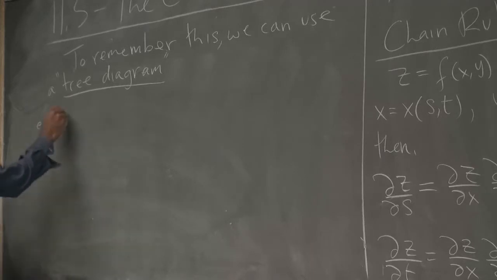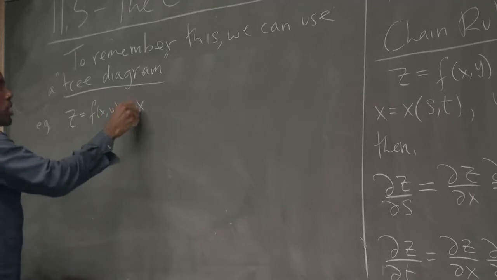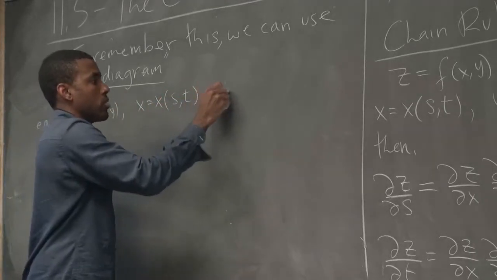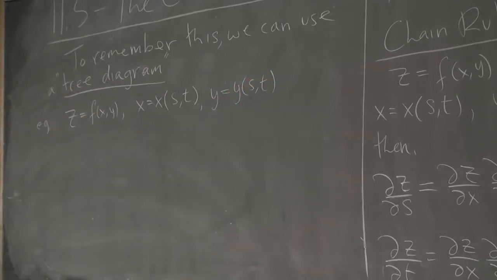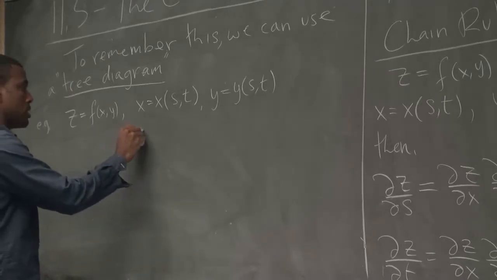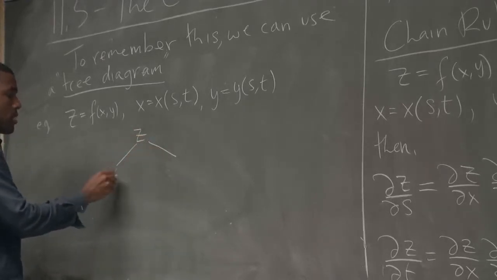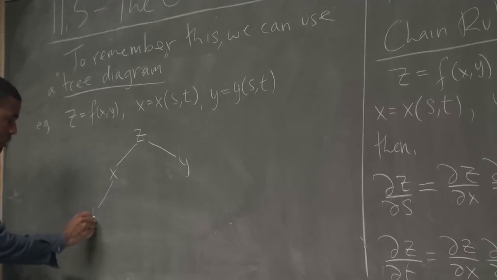So for example, here if you have z is a function of x and y, where x is a function of, let's say, s and t, and y is a function of s and t as well, then what you can do is you start with the outermost function and then you break it down to the inner variables. So you have z, which you can break down into functions of x and y, and you can break those down into functions of s and t.